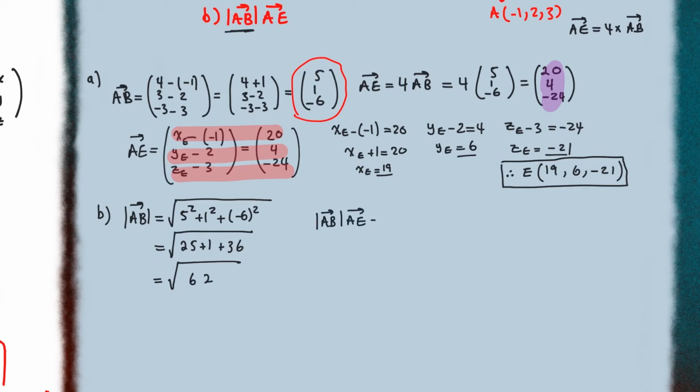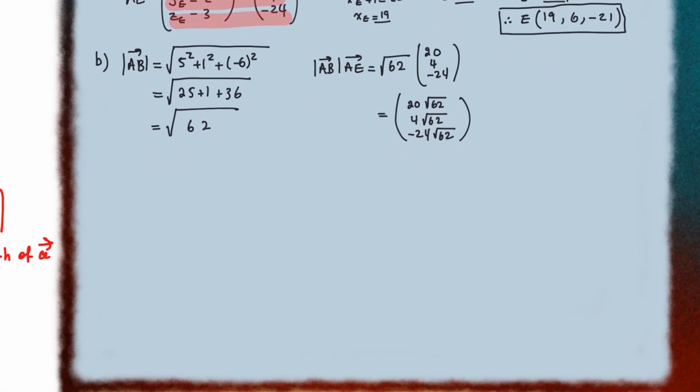We now need to multiply this by vector AE, so root 62 multiplied by all the components of vector AE, which we already have also. So that will give us root 62 times 20, 4 times root 62, and -24 times root 62 as our final answer.